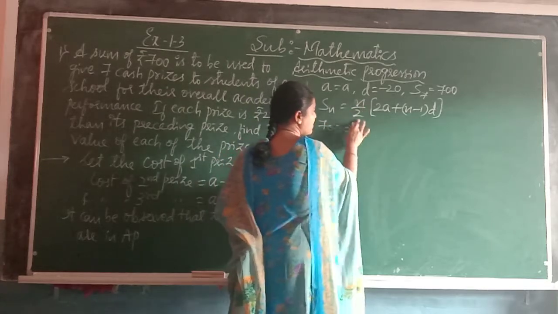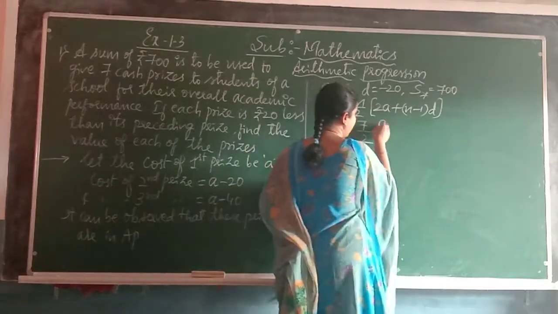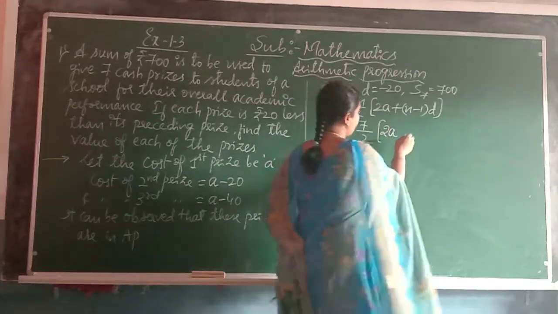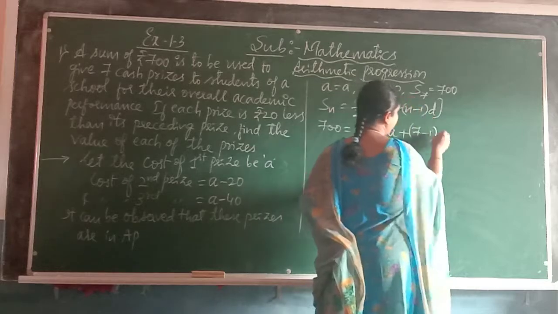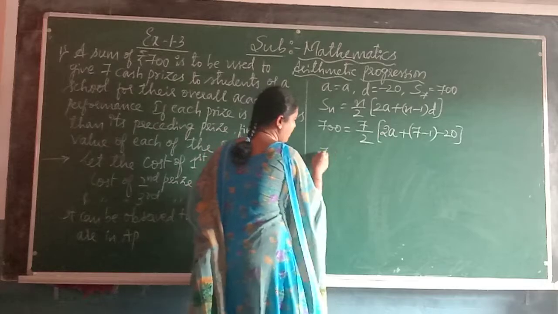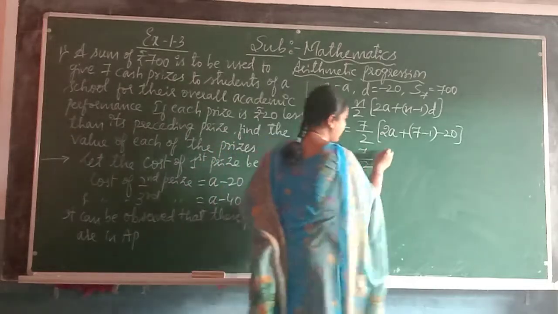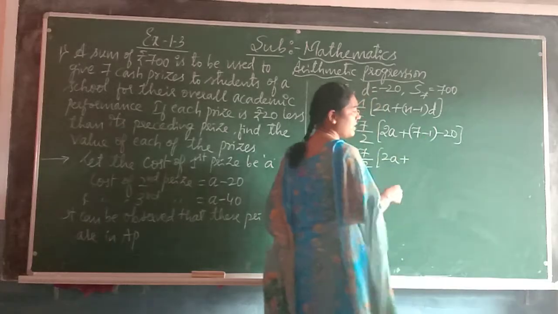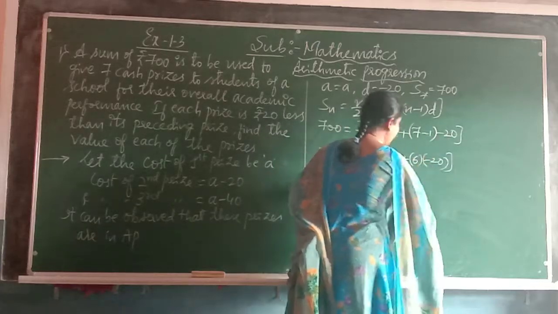In place of n, substitute 7 divided by 2 into 2a, keep A as it is, plus n minus 1 means 7 minus 1. The d value will be minus 20. Now, 700 equals 7 by 2 into 2a plus 7 minus 1 means 6 into minus 20.